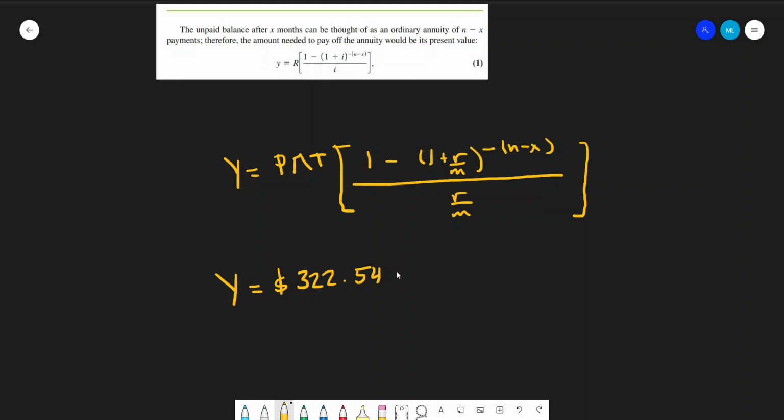322.54, and then that's going to be 1 minus 1.01 raised to the negative (60 minus x), and then all of this is divided by 0.01.